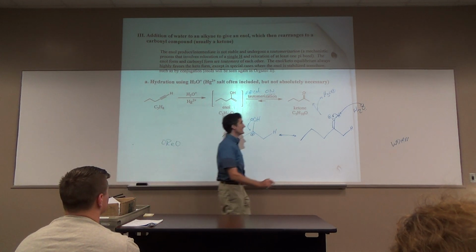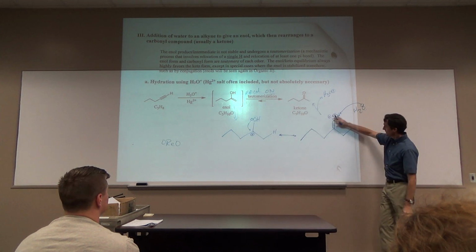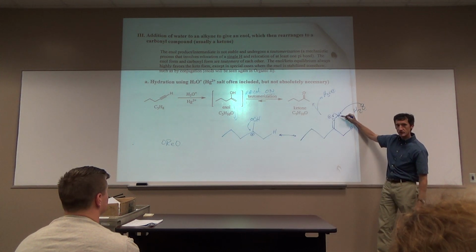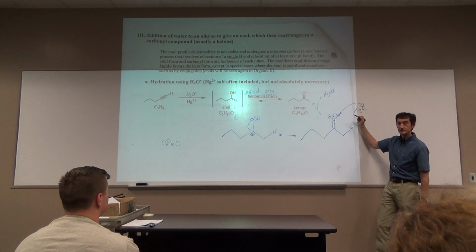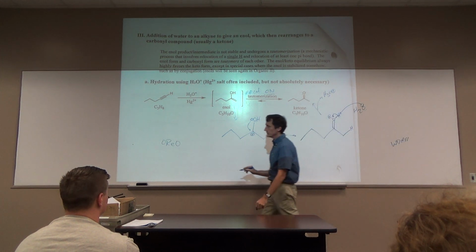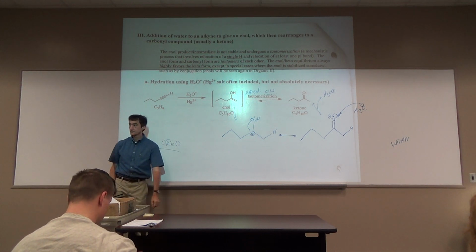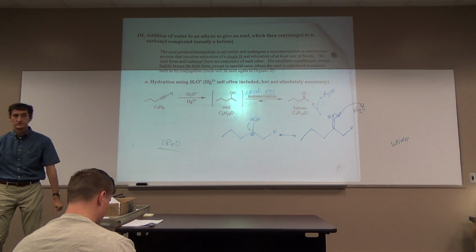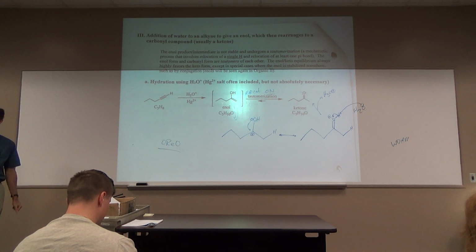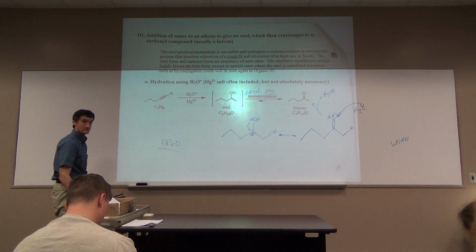What did we do at the end? Here's our main thing. We took a proton off. Yes. This is your tautomerization mechanism right here. OREO. Anytime you do a tautomerization, OREO is your mechanism. Anytime.